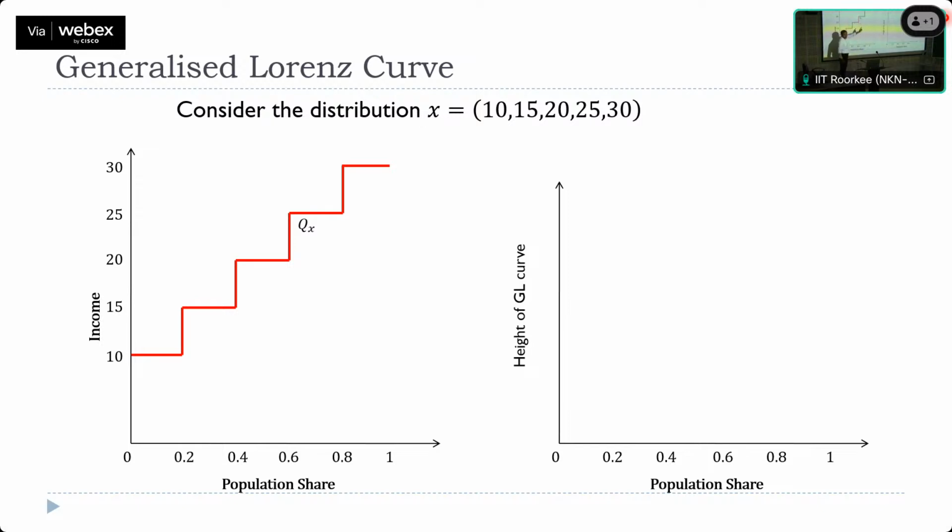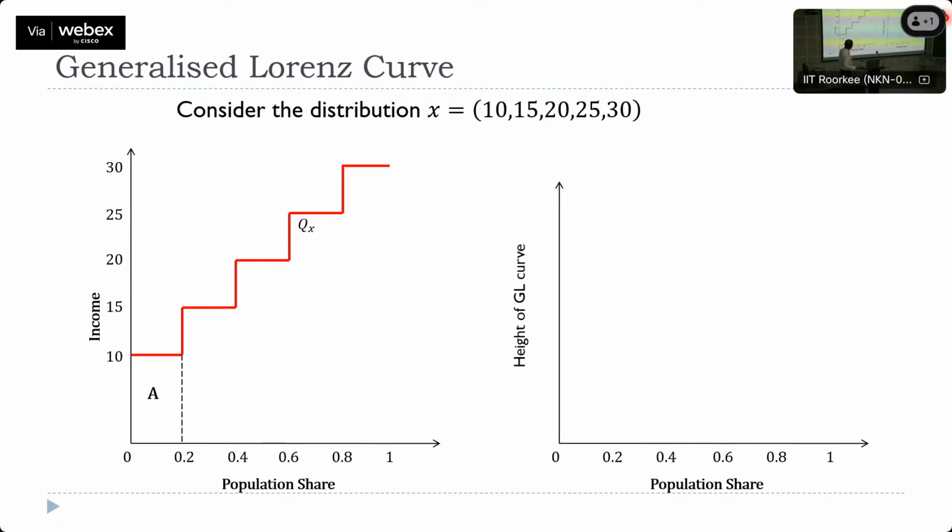This is the quantile function. It's a step function. As I told you, it's not necessary that it has a particular shape, but I just plotted it for these 5 values. Now, how do we draw a generalized Lorenz curve? It will be the area under this quantile function up to each percentile.